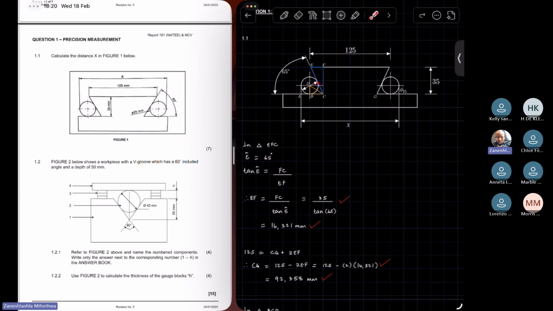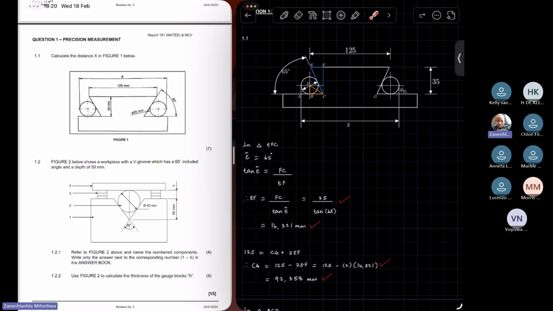Like in this case, you have this tangent, you have this tangent. They are meeting at this common point. Hence, we are able to draw a line where the two tangents meet to the center of the roller, hence developing this triangle, which we'll then use to calculate that side, or this distance.